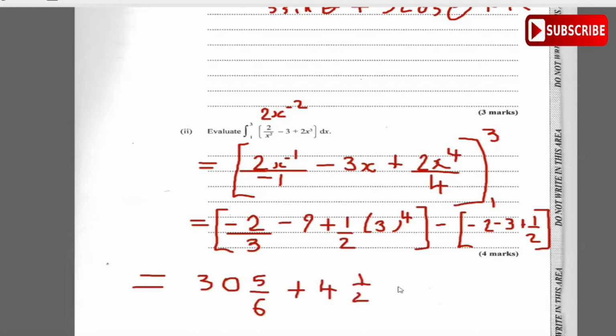So the integral works out to be 30 and 5 over 6 plus 4.5. I get 35 and 1 over 3, which is 106 over 3. Nice and easy.